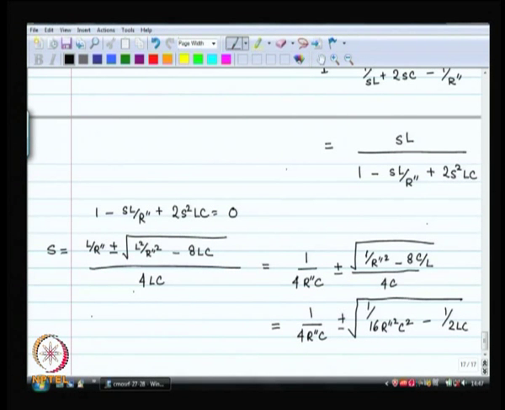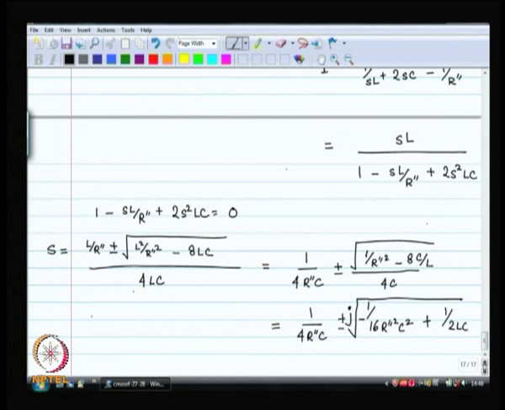All right. So, if R double prime is equal to infinity, then this boils down to two poles on the j omega axis. Okay.